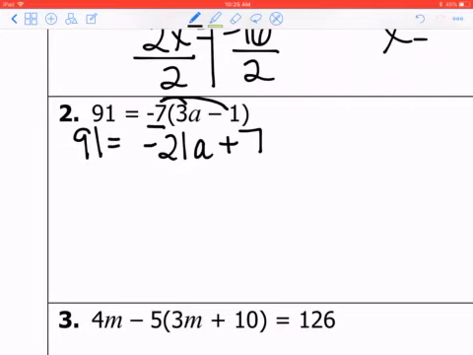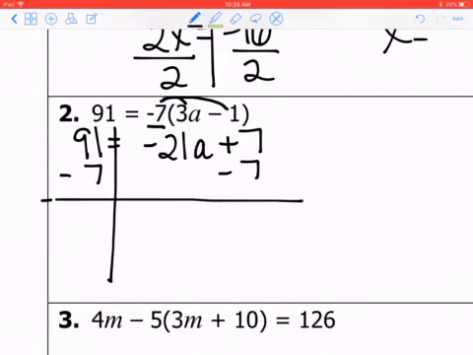Okay, now we're ready to solve. This plus 7 needs to be subtracted. You'll have negative 21a equals 84.